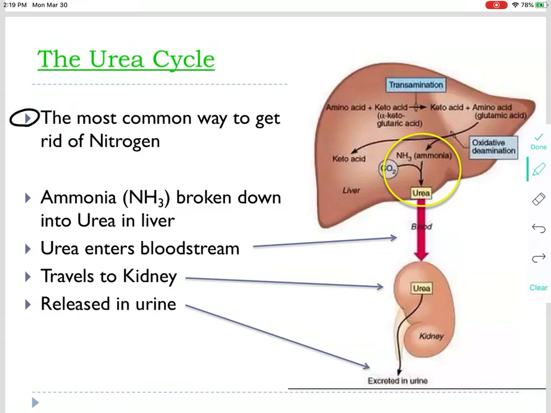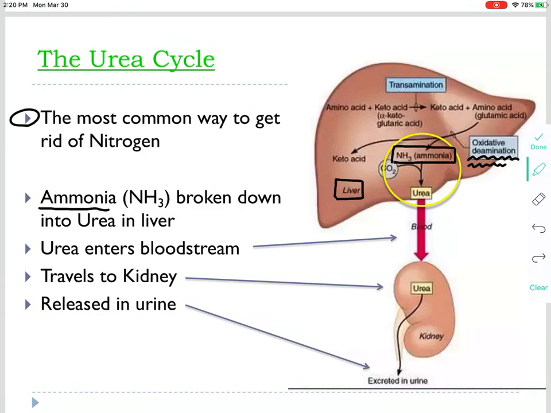So this picture may seem more complicated than it needs to be. But basically, in the liver, ammonia is broken down into urea. So basically, we take the ammonia, which has the nitrogen. When we deaminated, we removed nitrogen from the amino acid.